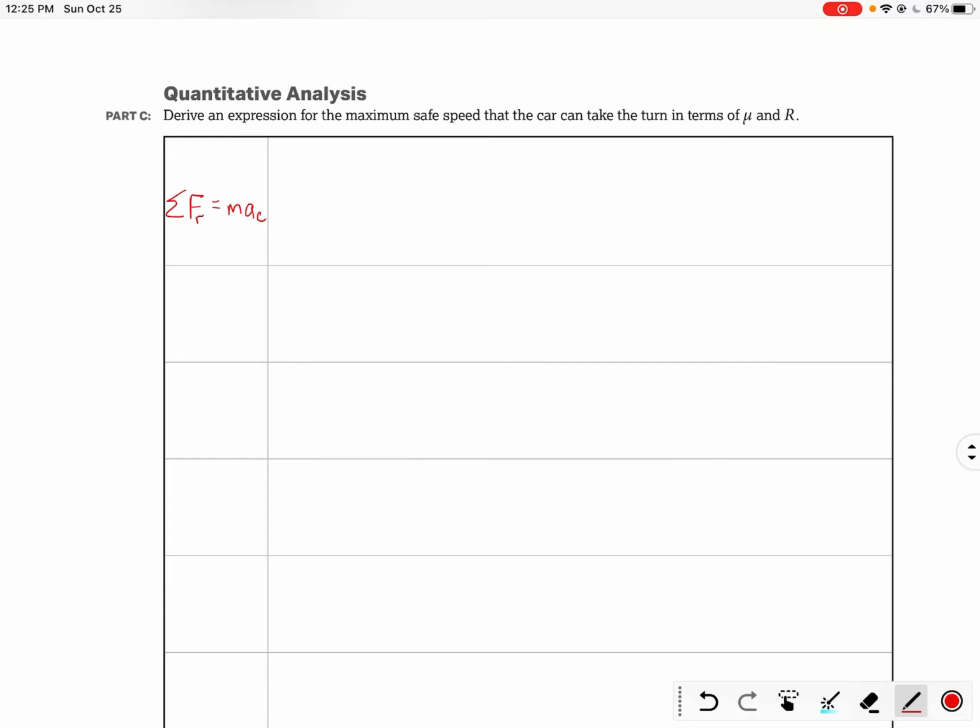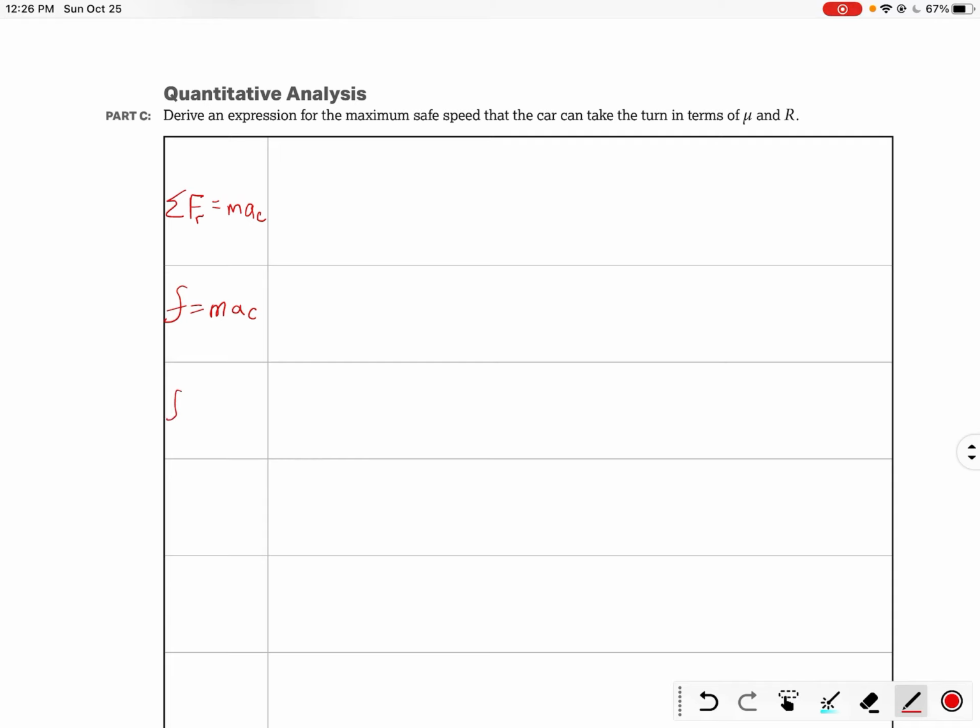So what are the forces in the centripetal direction? Simply, we would say something like the force of friction provides the radial force, and then we can start plugging in our knowns.